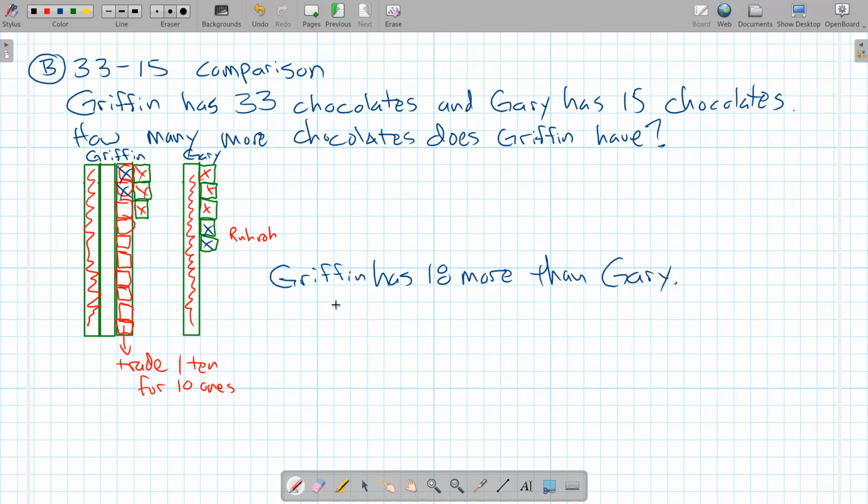So we just determined through comparison that 33 subtract 15, 33 compared to 15, is a difference of 18.